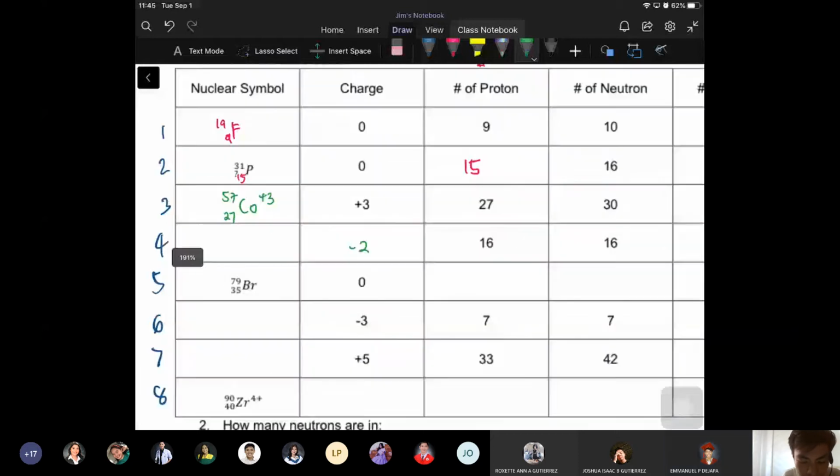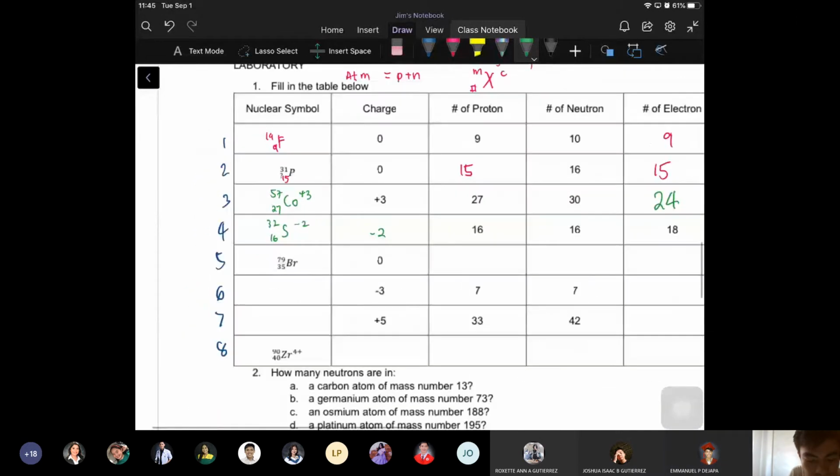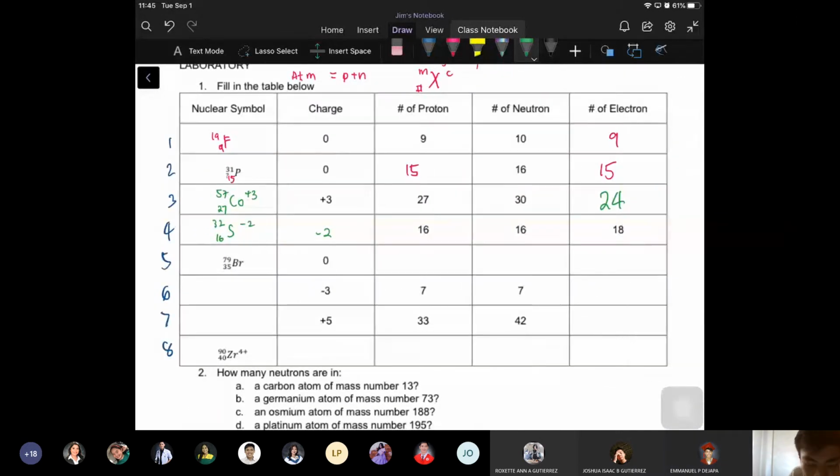Now, how about the nuclear symbol? Element symbol is S, sulfur. Bottom left, 16. Top left, 32. And top right, negative 2. Okay, very good. Thank you, Emmanuel.